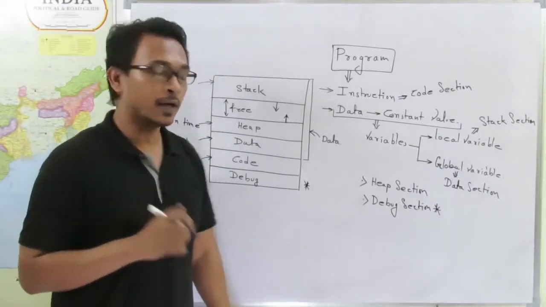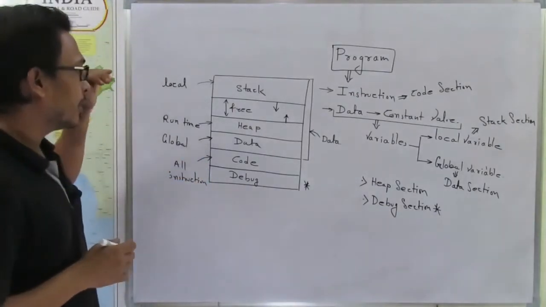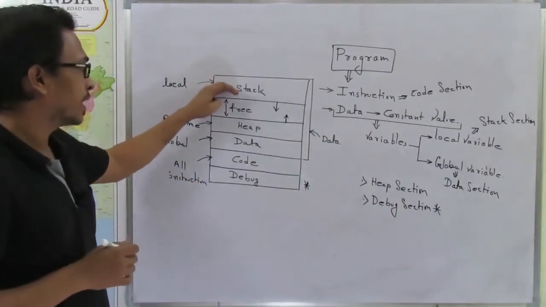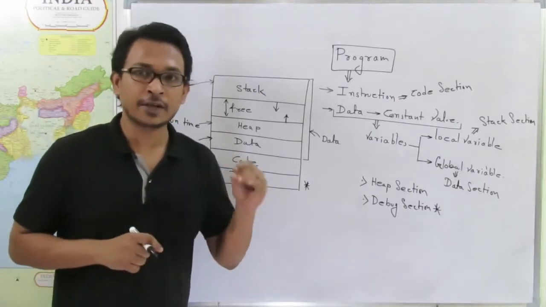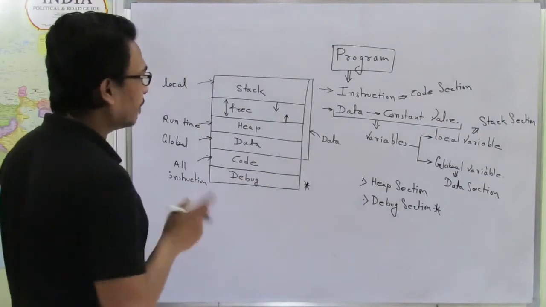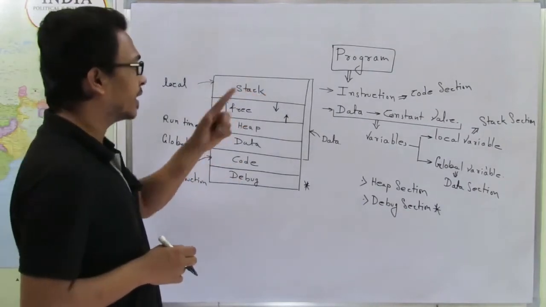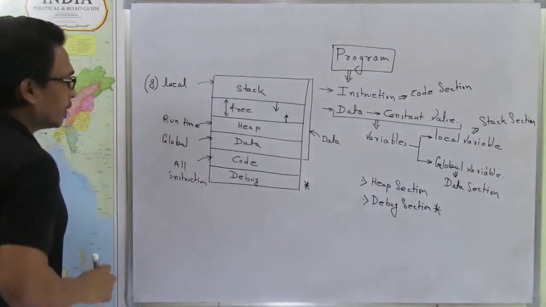But the data section is only used to allocate memory for global variables. Now look, whenever we allocate any variable from the stack section, the initial value is always a garbage value.